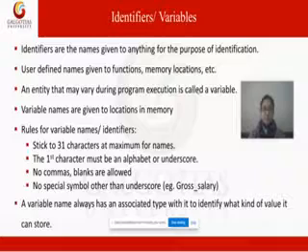All these are identifiers. An entity that may vary during the program execution is a variable, and variable names are given to locations in memory. Suppose I want to add two numbers, and after adding these two numbers, I want to store the result somewhere. Where will it be stored? Obviously in the memory. But do I need to know the particular address of that memory?